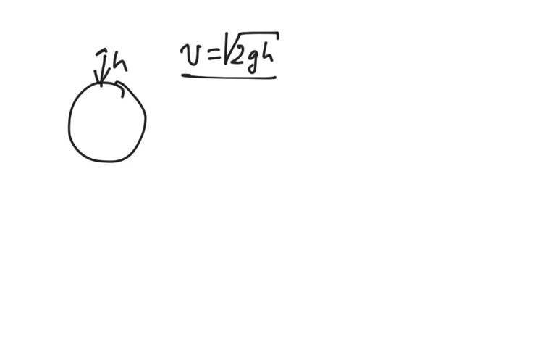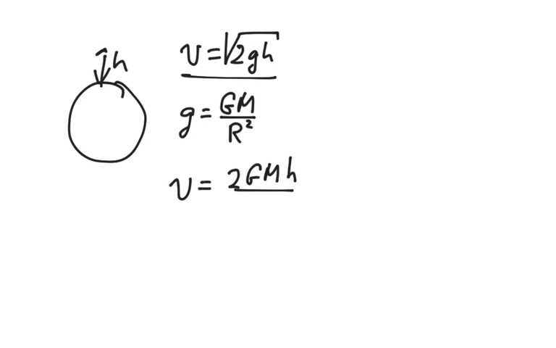And g is actually the gravitational acceleration of the Earth, so if that were G times the mass of the planet over the radius of the planet squared, if I put that into this equation, then I would say that my velocity is equal to 2 times G times the mass of the planet times h over the radius of the planet squared, all that, square root.